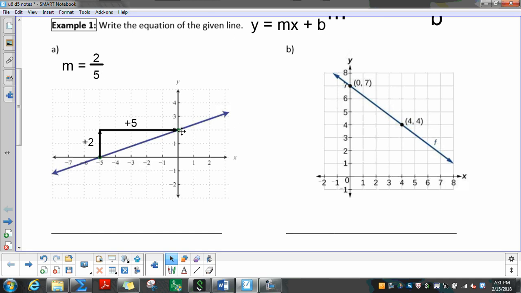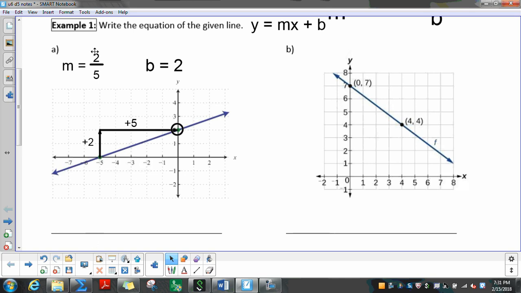The next thing I look for is my y-intercept, which is where the line crosses the y-axis. It crosses the y-axis right here, where y is 2. So my y-intercept is 2. Now that I have m and b, I put them into the form.